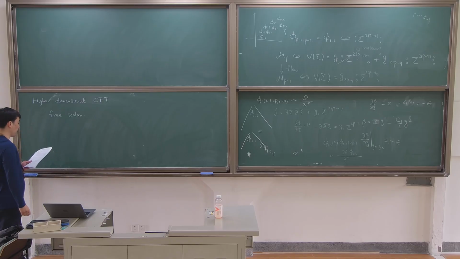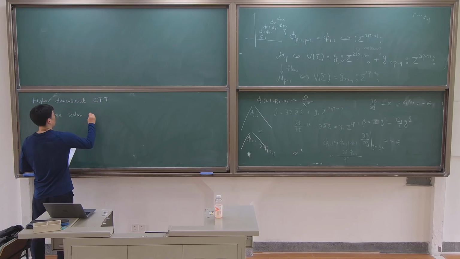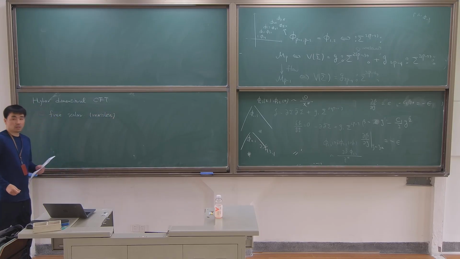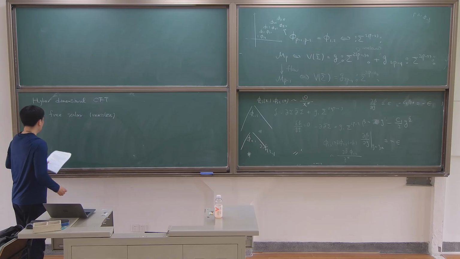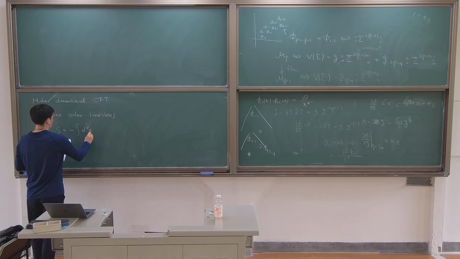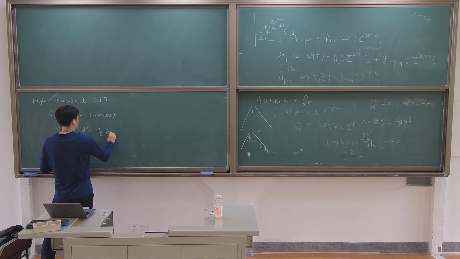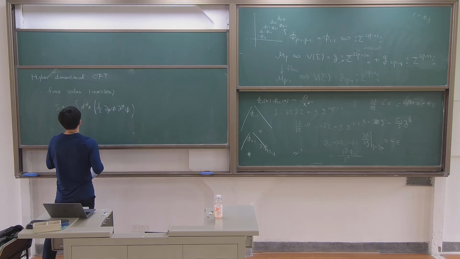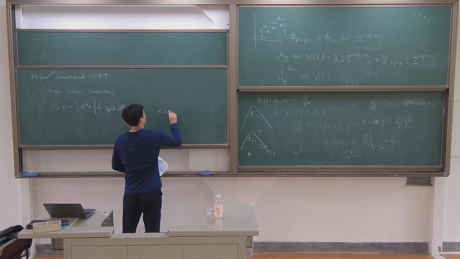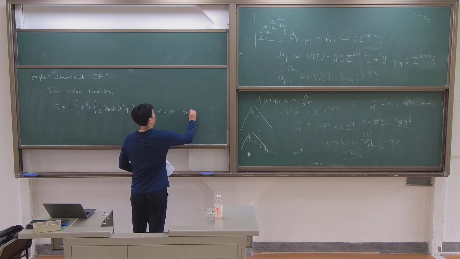Okay. So free scalar, massless, of course massless, because we want to study CFT. So the action is given by this one, and the equation of motion is given by this way.